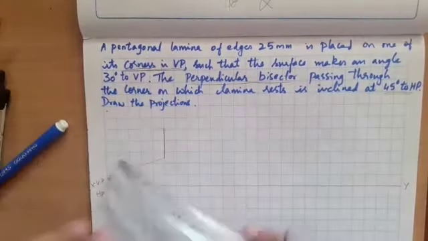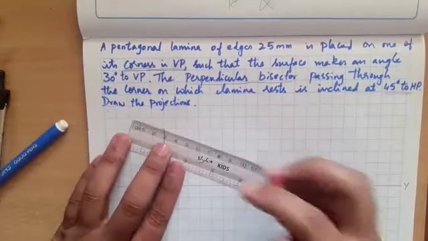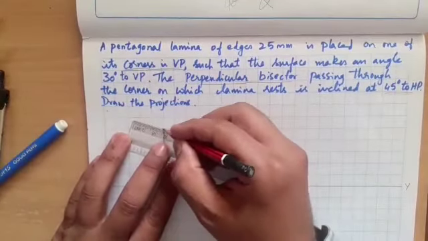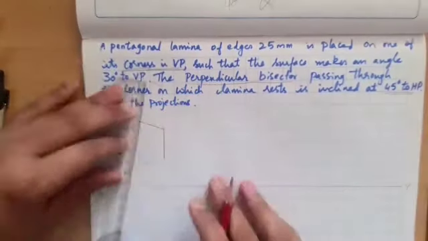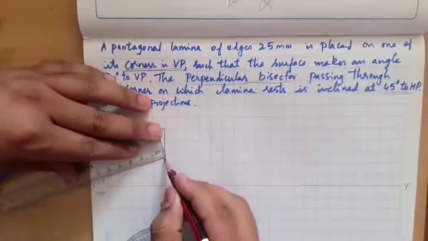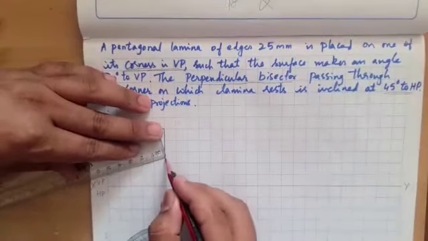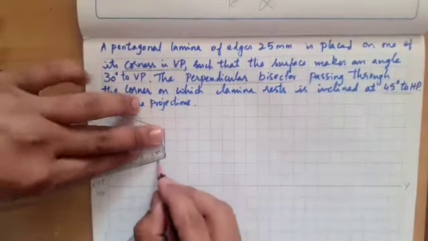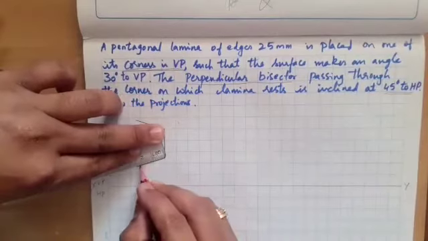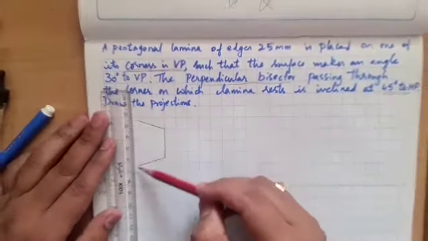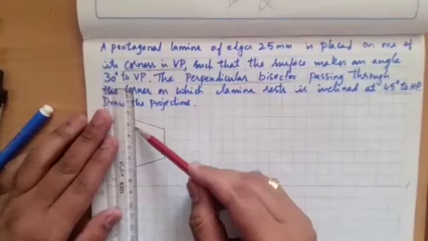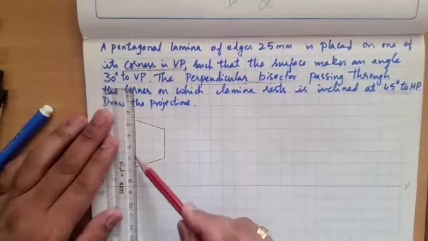This line I'm going to end it up at 25. You see, 25 mm. Your problem will be right and your construction will be right only if you get these two corners at the same position between the printed lines.